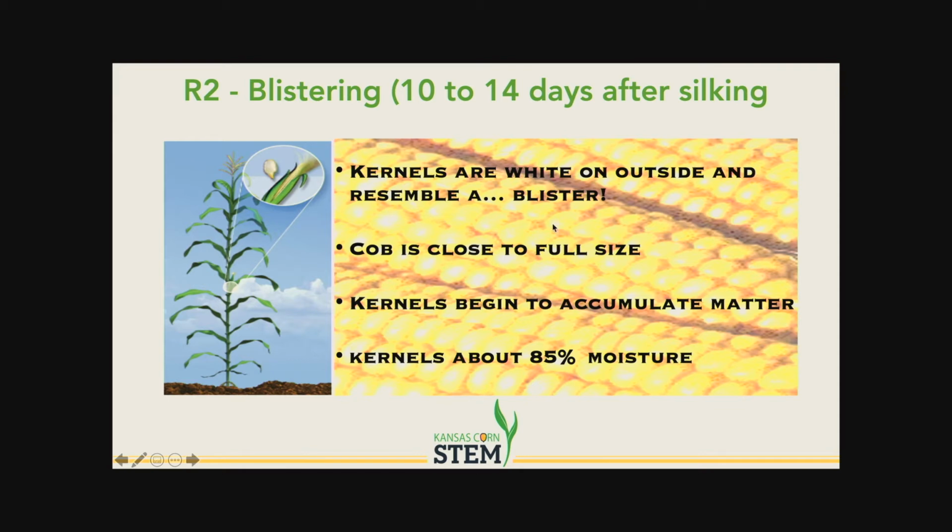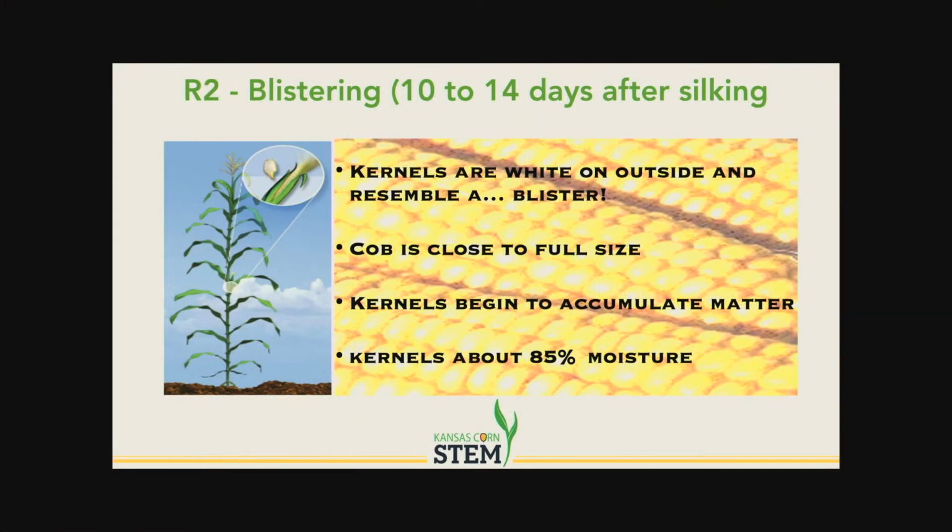So what's happening is they have a lot of moisture in there, right? A lot of water content, almost 85% of it is moisture, okay? And then we have some starches and everything else. But this is where the kernels are starting to accumulate that matter, right? That energy, that feed that we use to eat. All right, the corn cob is developed to the full size during this stage.